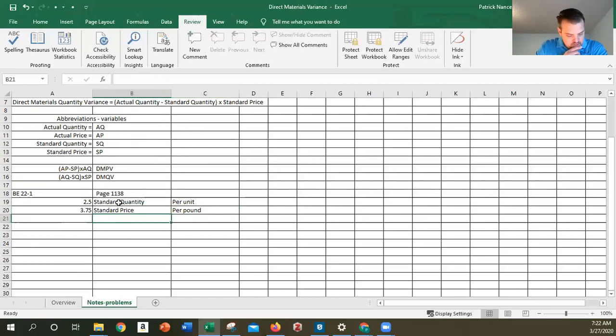And then it goes on to say if 15,000 units use 36,000 pounds, so 15,000 units, my units manufactured. My actual quantity, but this would be a total quantity, not a per unit quantity, is 36,000.